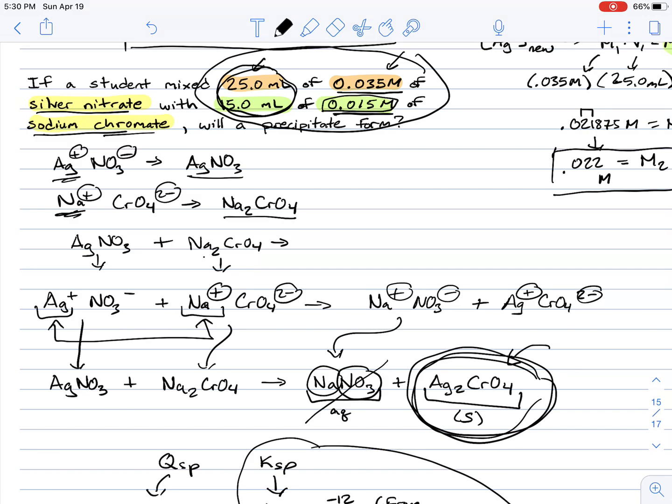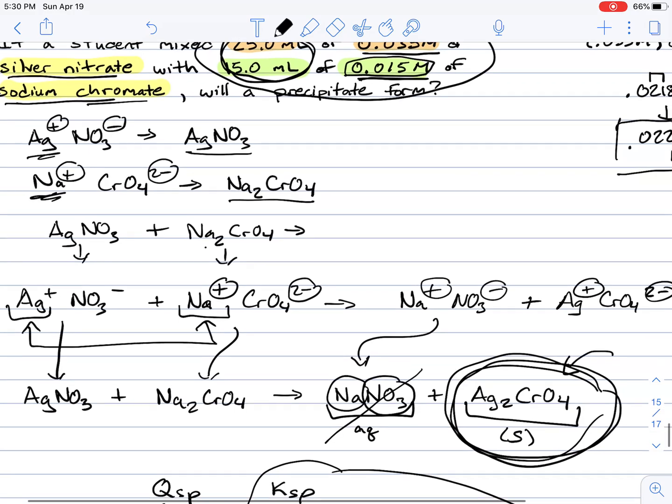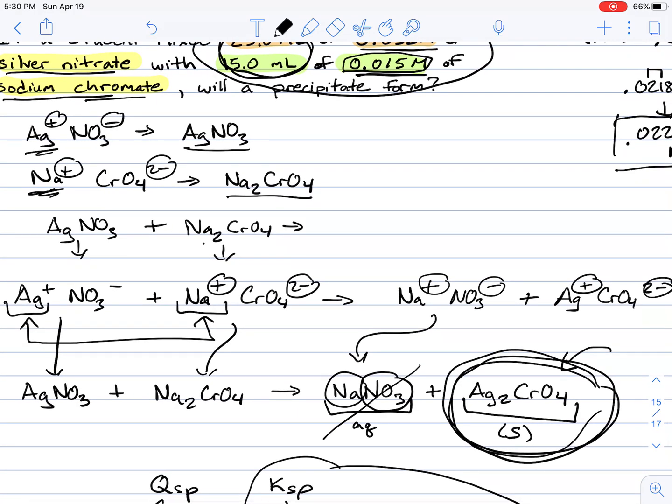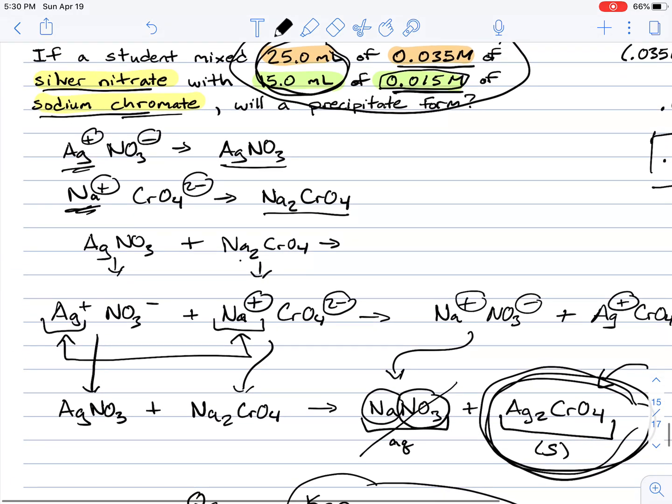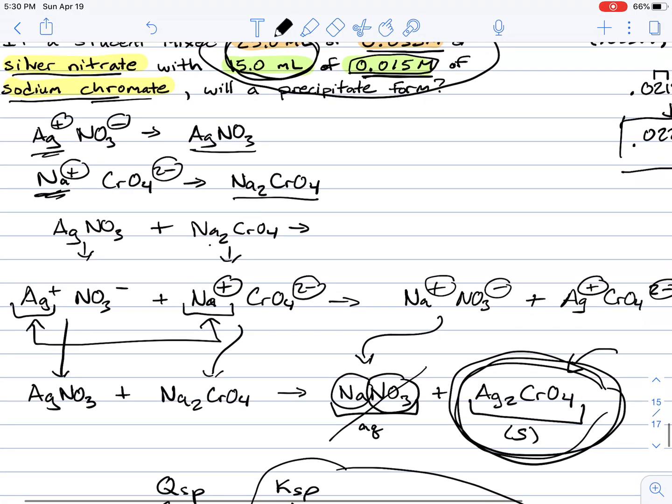And so first and foremost, in this first step, we have to determine what substance will be our precipitate. And so silver nitrate and sodium chromate are our reactants. And so therefore we have to predict the products, and we have to make sure that we're writing the correct chemical formula for our products.